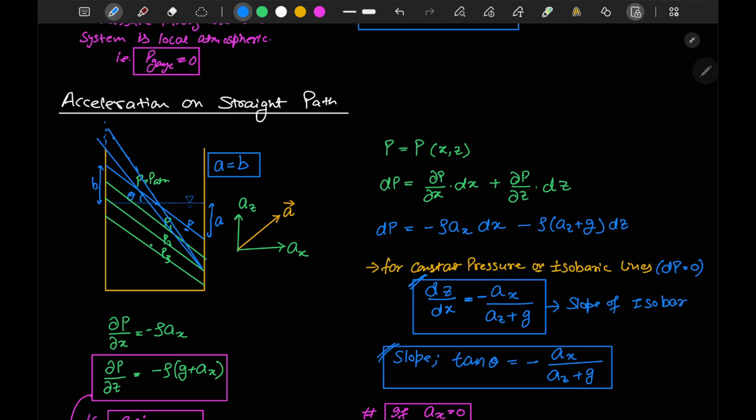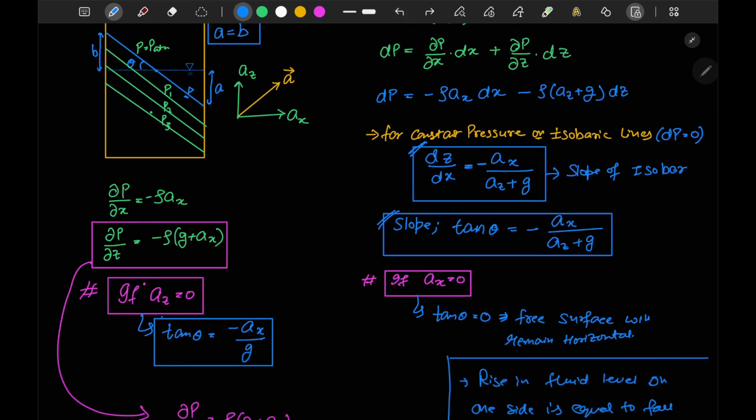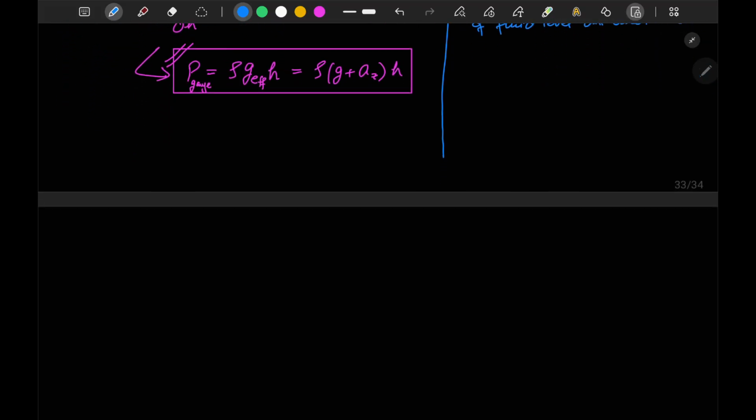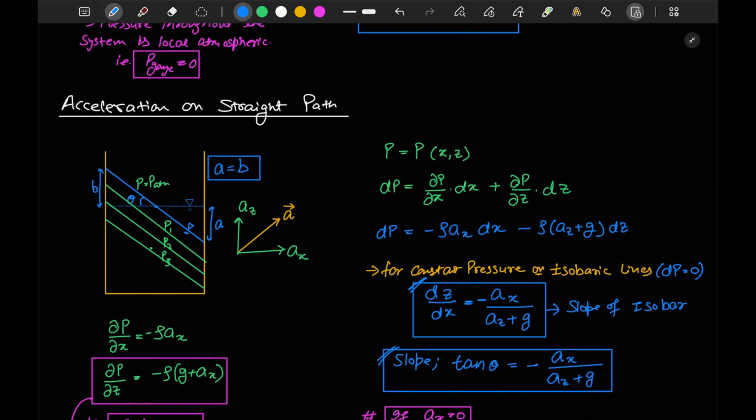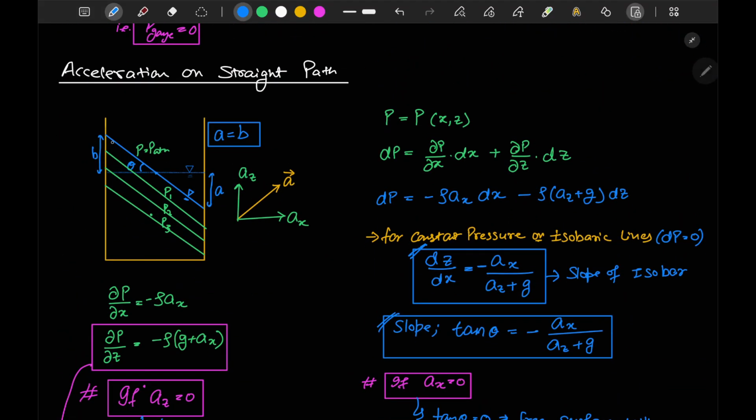So in that case we can calculate the change in the volume, and that will be the volume of spillage. Now since there is a rise in the height of the liquid on one side and a fall on the other side, there will be some pressure distribution.